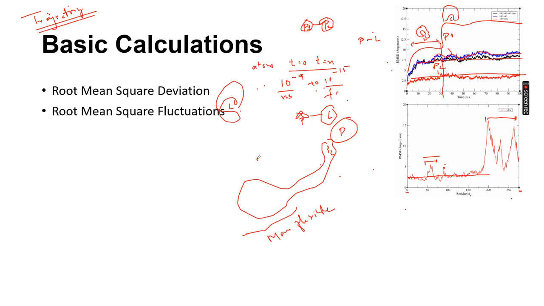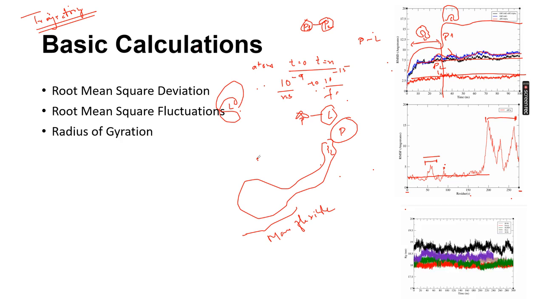Okay, so this is about the root mean square fluctuations. There is another term called radius of gyration. What is meant by radius of gyration?